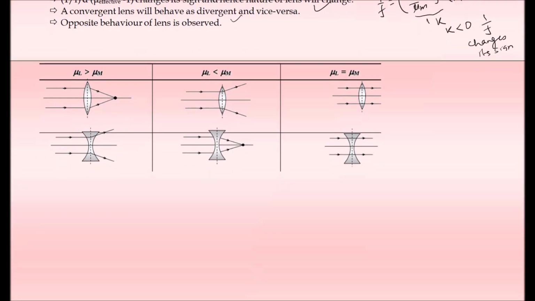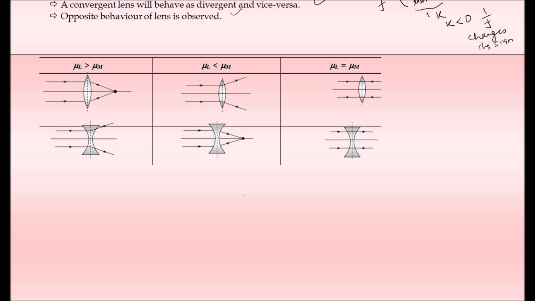And all those things are enumerated in this figure. If you see here, when the refractive index of lens is greater than the refractive index of medium, then we see that the concave lens behaves as a concave lens and convex lens behaves as a convex lens. That is, the nature of lens remains the same. Here f increases, P decreases.